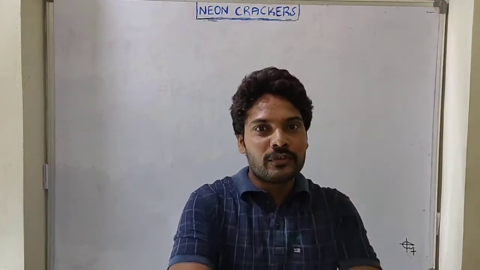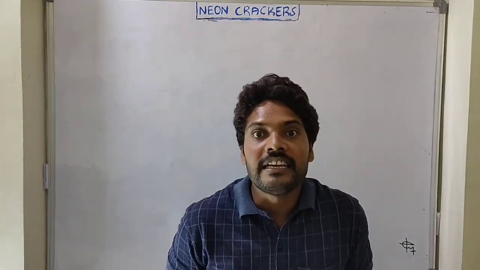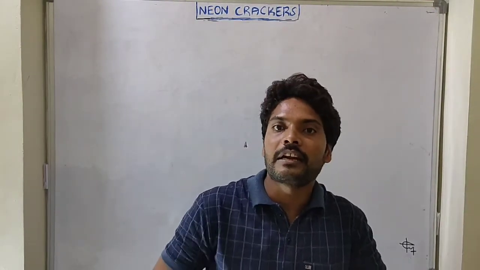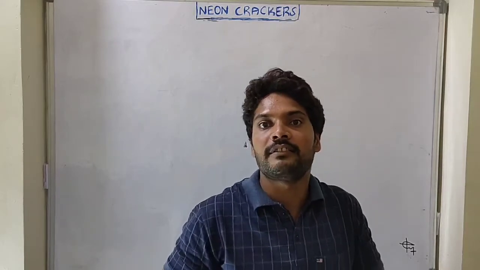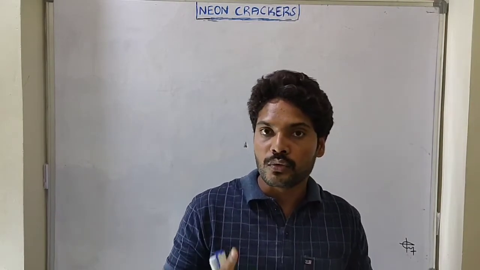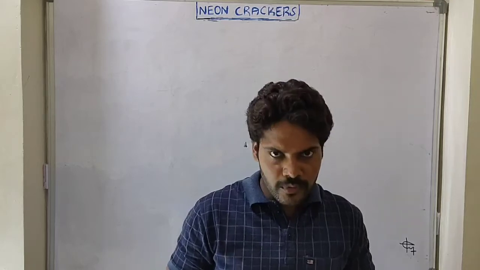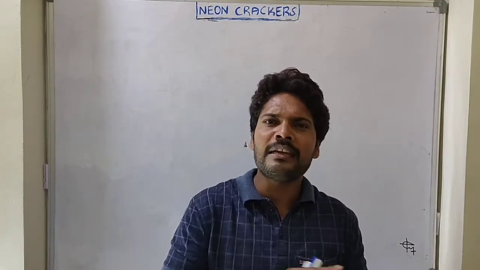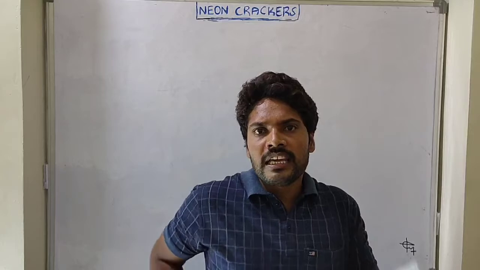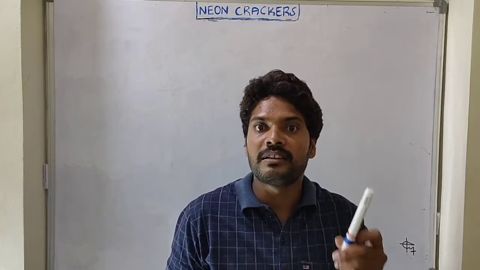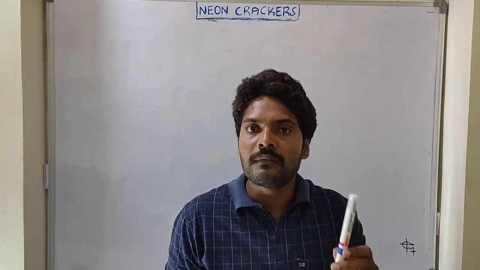Today in this video we are going to discuss how to find the equivalent weight for a given reductant or oxidant, or in a given neutralization reaction, the two reactants. Remember one important trick here. In any chemical reaction, 1 equivalent of one substance should react with 1 equivalent of another substance.